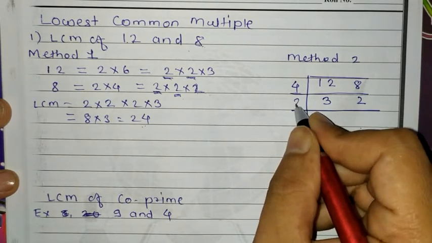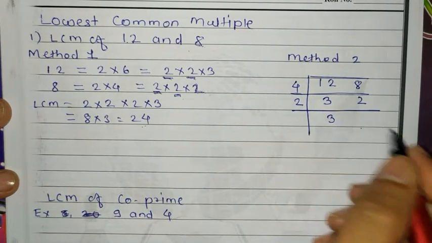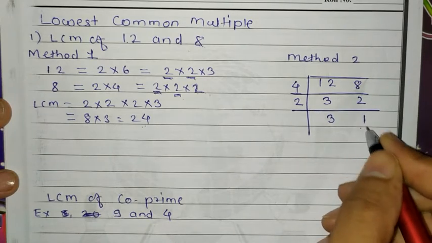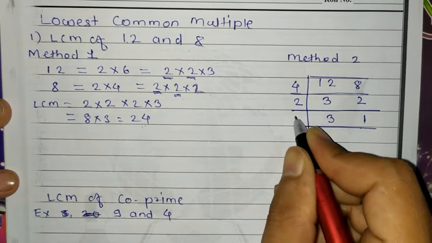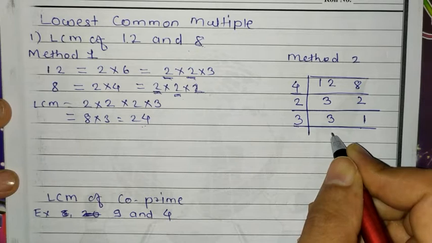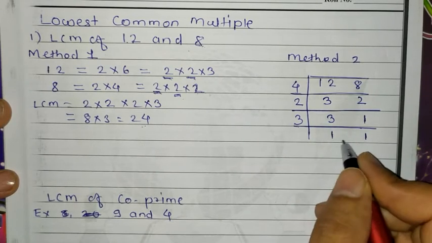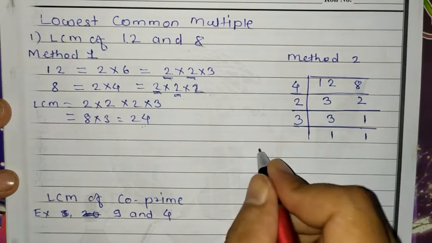So here again you divide by 2, and 3 you write as it is, because it is not divisible by 2. Here you can divide by 2, so 2 ones are 2, so here you write 1. Finally here 3 is there, so you use 3, 3 ones are 3, so 1 will be there. Finally we are getting 1, so our process will stop and you multiply these.